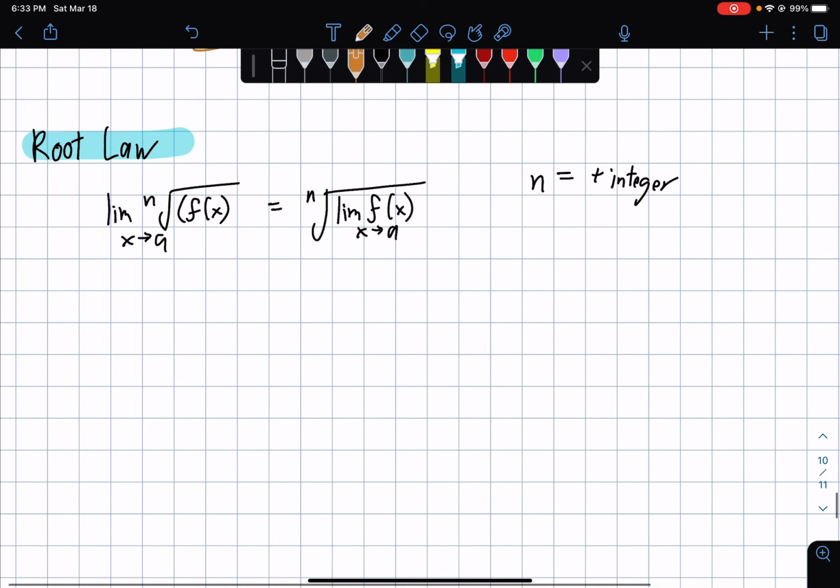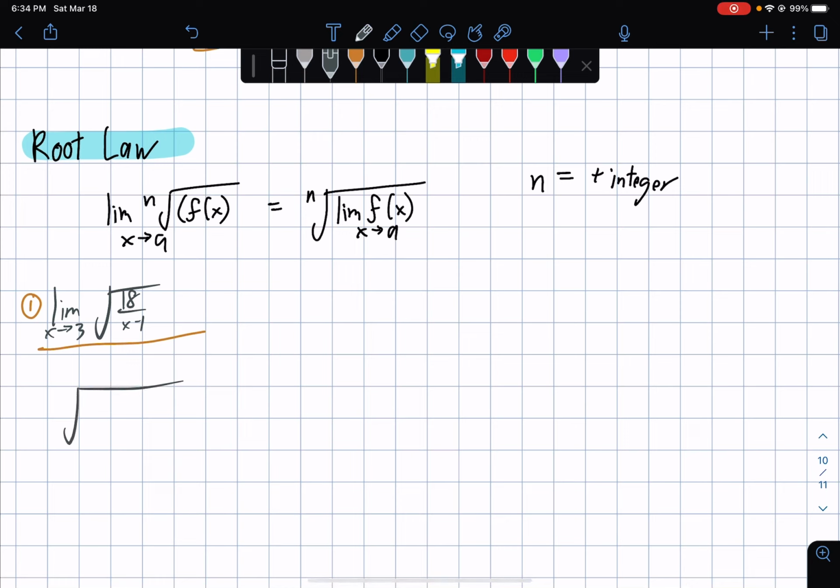Let's try an example. Limit of the square root of 18 over x minus 1. So with this, we have the square root of limit 18 over x minus 1 such that x approaches positive 3.